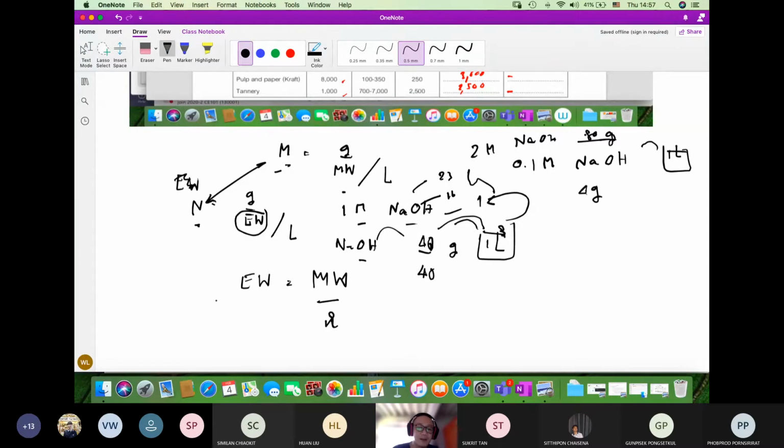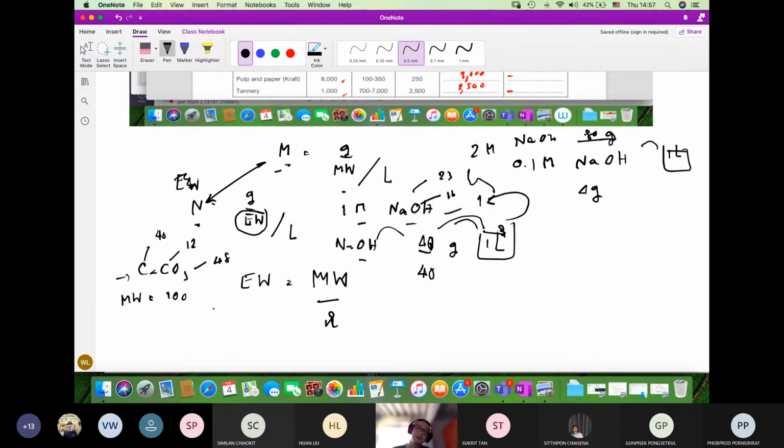Take calcium carbonate. What is the molecular weight of calcium carbonate? Calcium is 40, carbon is 12, and oxygen is 16 times 3, which is 48. So the molecular weight of calcium carbonate is 100.